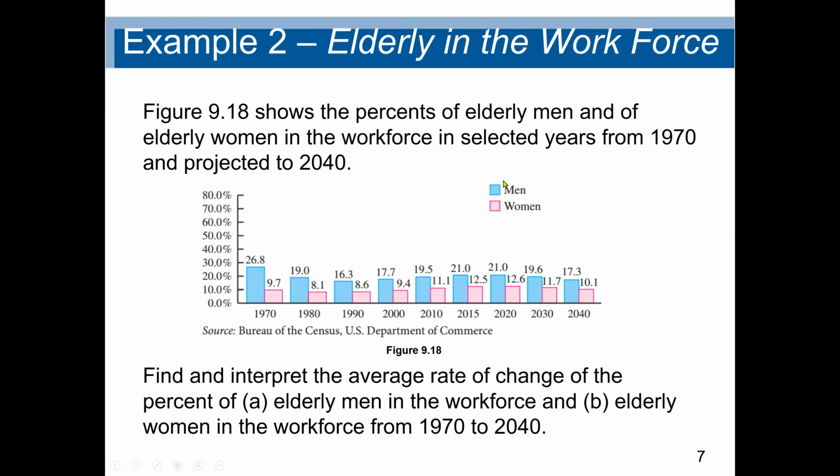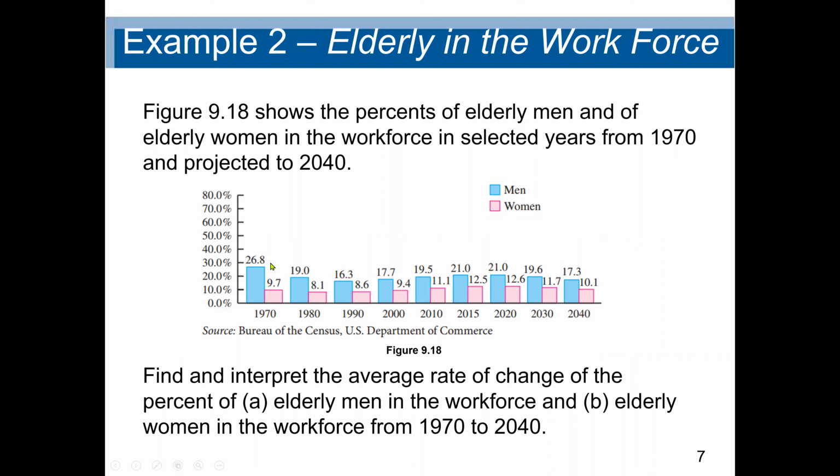Again, we can see the legend of the graph. Men is blue, women is pink. The actual values are from 1970 to last year, 2020. So 2030 and 2040 are projected or predicted.